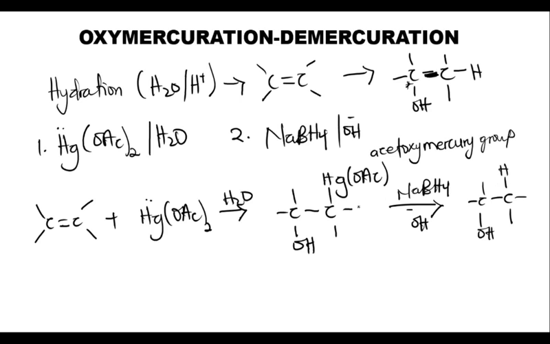So what is the difference between this oxymercuration demercuration reaction and hydration? The difference is that in hydration we produce a carbocation before we get our alcohol. The problem with producing a carbocation is that during the reaction, in order to achieve stability, the carbocations can rearrange.